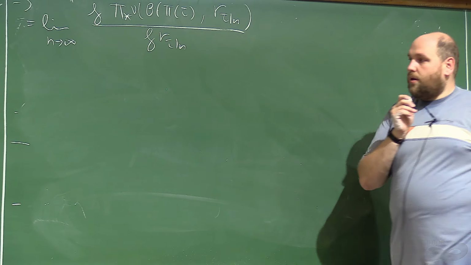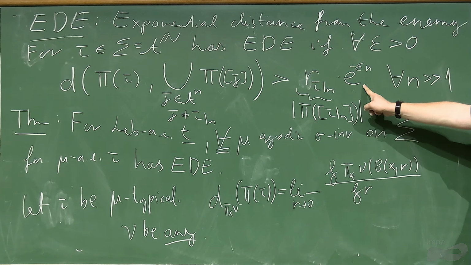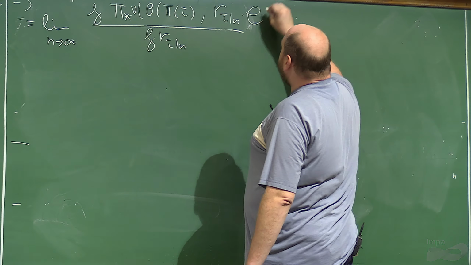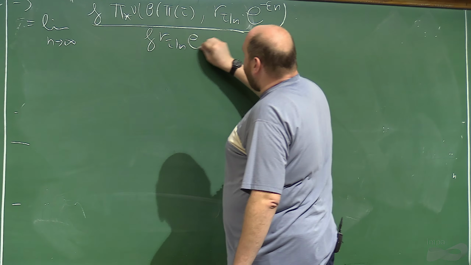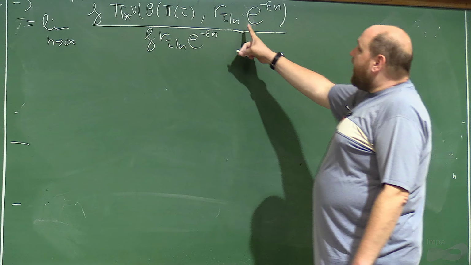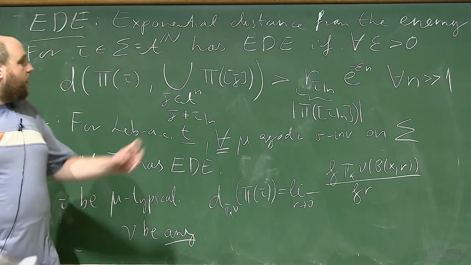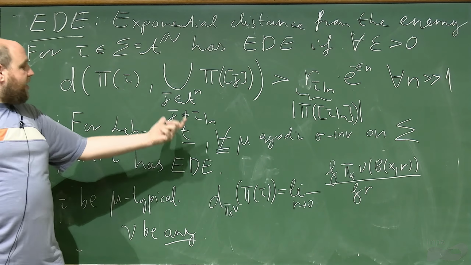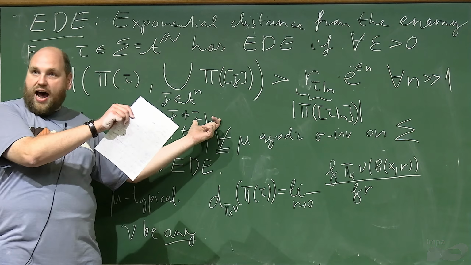But look, what do I know? I can freely add here an exponential error, right? If instead of this r_{i|n}, I add this exponential error, e to the power minus epsilon n, also here, then this ball doesn't intersect any other cylinder other than the cylinder corresponding to the first n symbols of I.